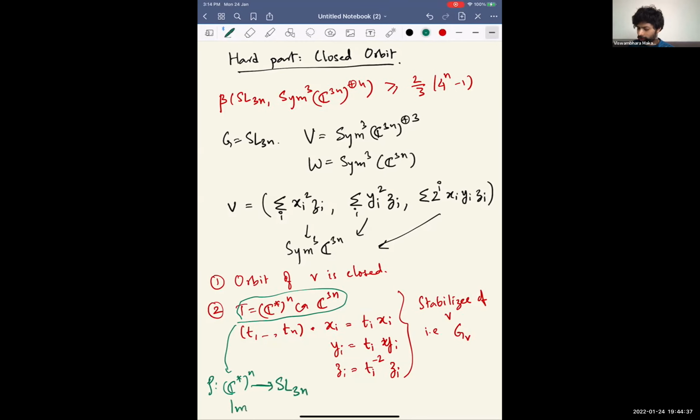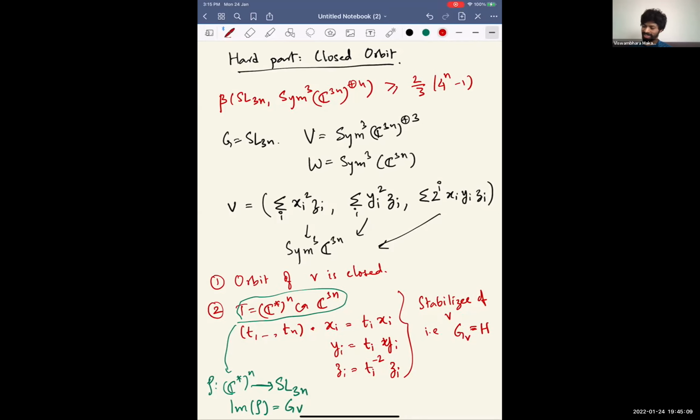And the image of rho is really the stabilizer, which is going to be a subgroup of SL3n. That's what I really mean, but don't worry too much about it right now. I just simplified it for you because next, when you have to look for the degree bound for H, you just think about this torus action and you're done. So this is G_V, which we called H before.